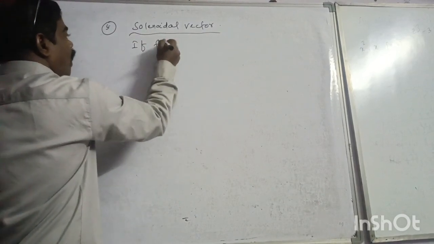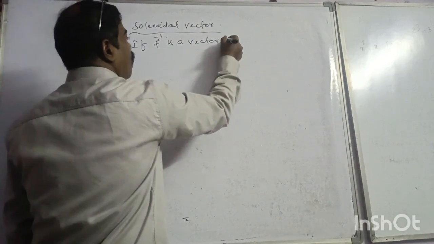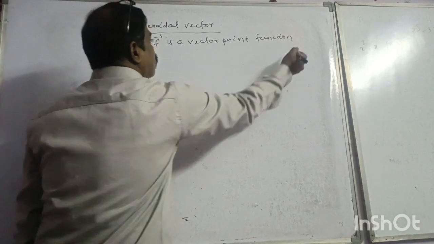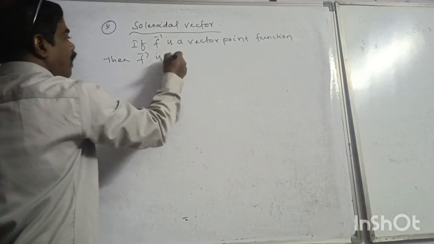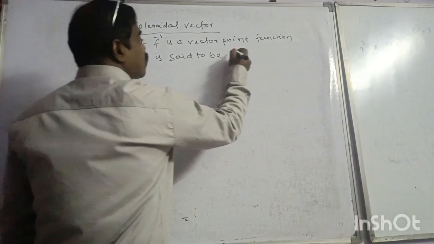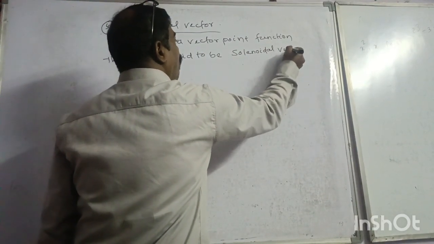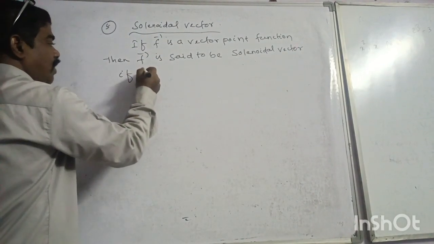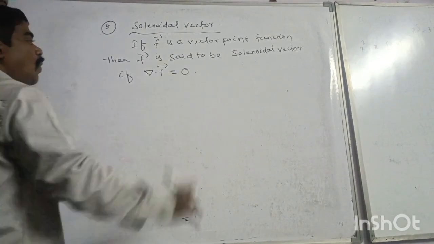If f is a vector point function, then f is said to be a solenoidal vector if, remember, nabla dot f vector is equal to 0.